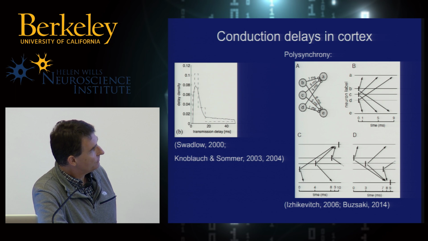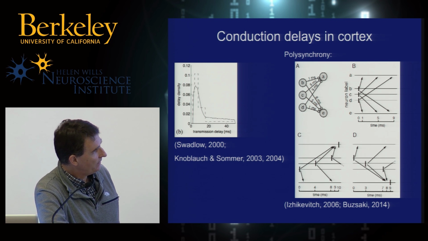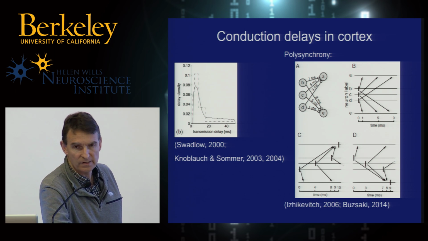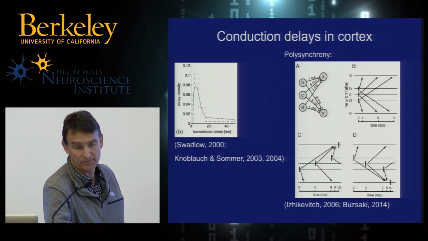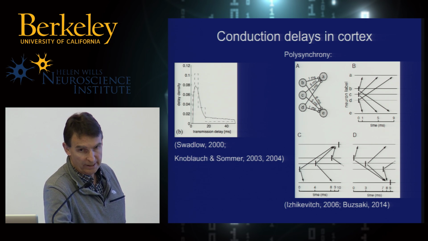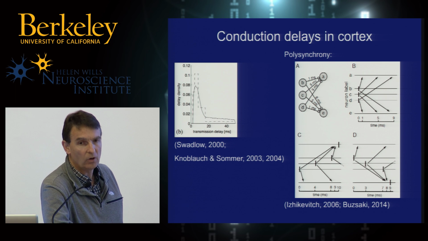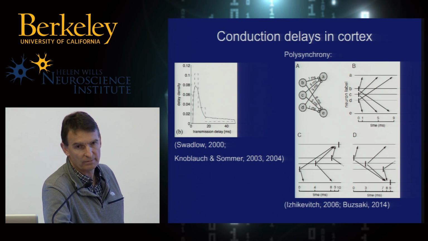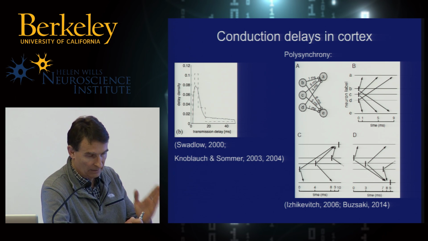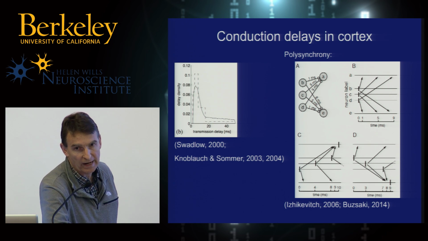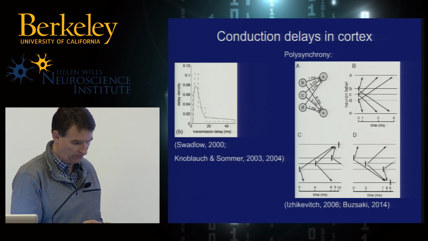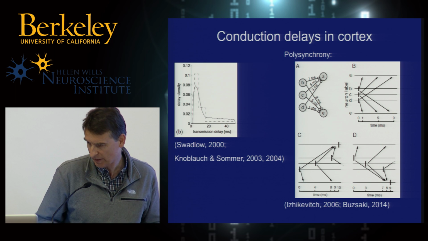Izhikevich calls this polysynchrony, and Buzsaki calls these synapsembles. So it could be that, at least if long-range connections are involved, it's not just about synchronous firing but about synchronous arrival of spikes. And for the physiologist, this could be a quite different picture.